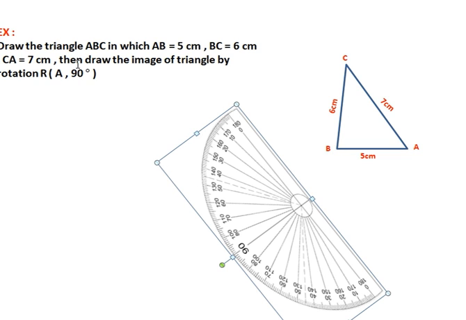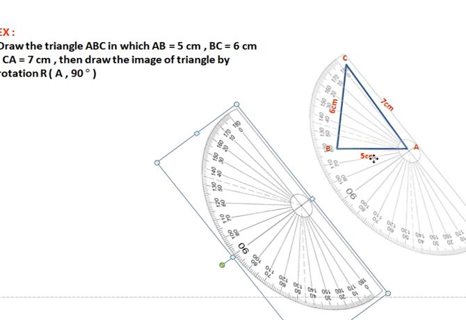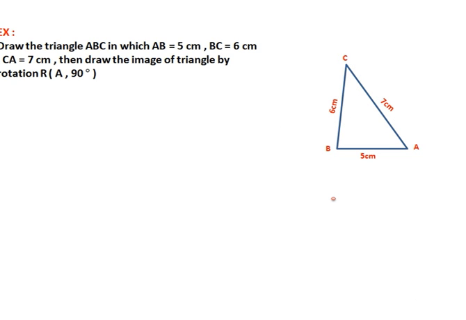We put the protractor at the center of rotation A, and from C we move 90 degrees, then put a point to determine the angle.